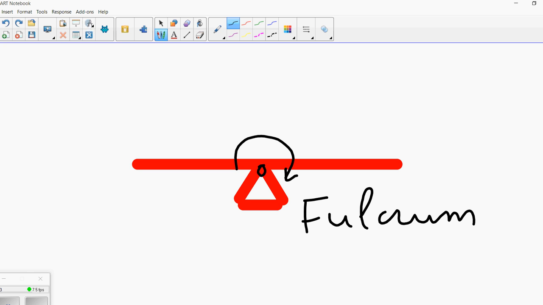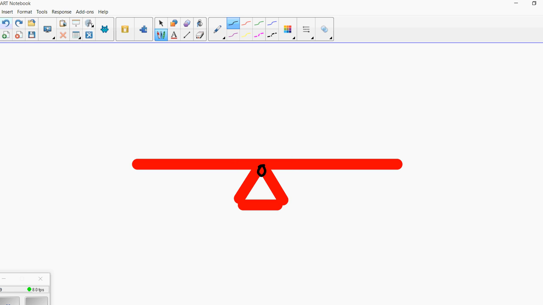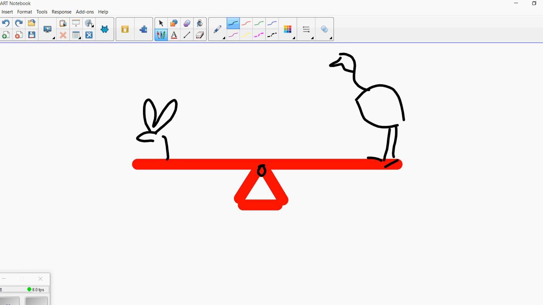Good. Then the idea is if we add certain weight on one side, let's say on this side, we put a very large bird, and on the other side, we put a little rabbit, then is it going to balance?